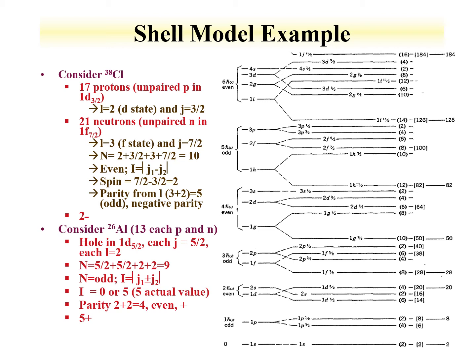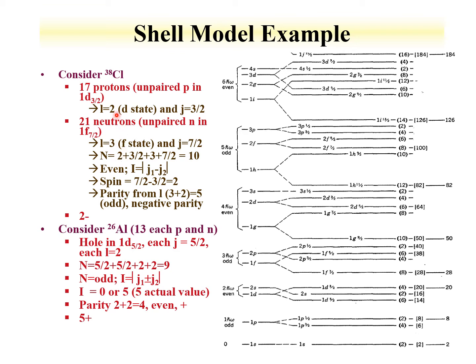That's equal to 10. That's an even number, so the spin is just going to be the absolute value of the difference between 7/2 and 3/2. 7/2 minus 3/2 is 4/2.